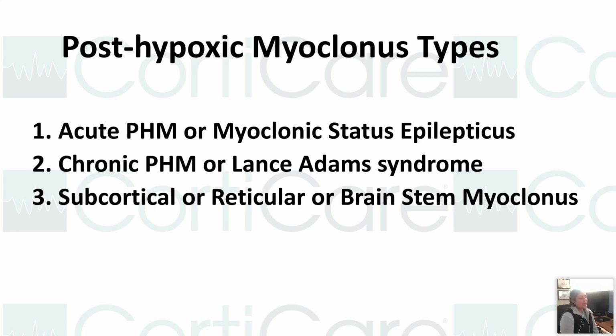And then there is subcortical or reticular or brainstem myoclonus. Usually with cardiac arrest, the term is reticular myoclonus, but since it is not coming from cortex, the term subcortical is also a usable term. And the reticular formation, since it lies in the brainstem, the term brainstem myoclonus is also used to describe that kind of myoclonus activity.